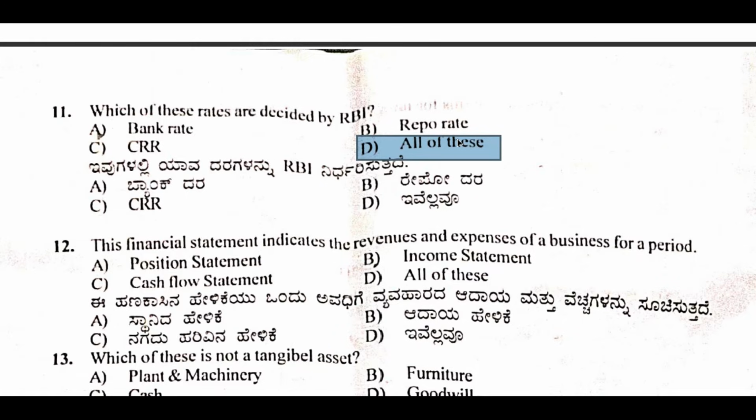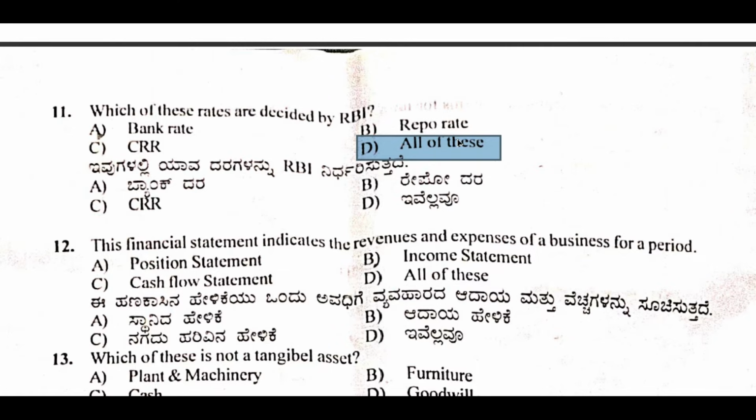And CRR, cash reserve ratio, is the share of a bank's total deposits that is mandated by the RBI to be maintained as reserves in the form of liquid cash. Therefore A, B, and C are all decided by RBI, hence option D, all of these, is the right answer.